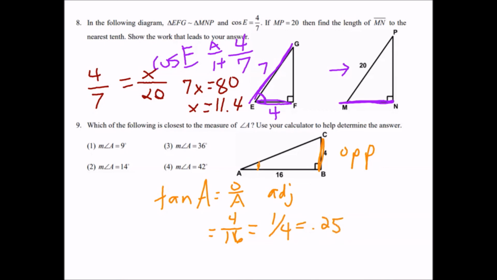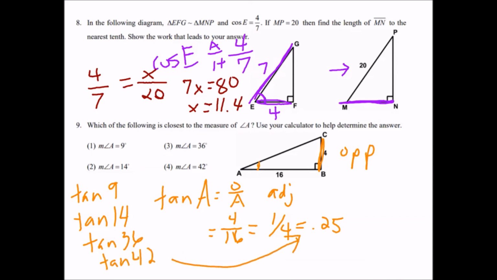Now there's other ways to do this, but what I'm going to do is test the tan of 9, the tan of 14, the tan of 36, and the tan of 42 on my calculator, and see which of those comes closest to 0.25.